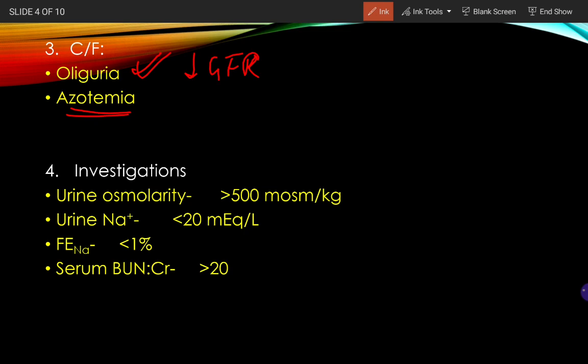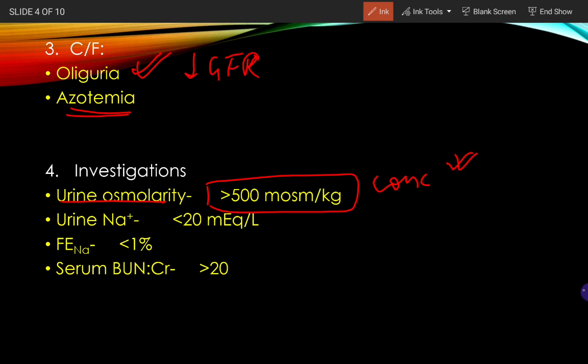Now coming to the investigations, there are a few very important investigations which will tell you the cause of acute renal injury or acute renal failure. The first one is you check the urine osmolarity. This is going to be more than 500 milliosmol per kg, which means that the urine is very well concentrated.